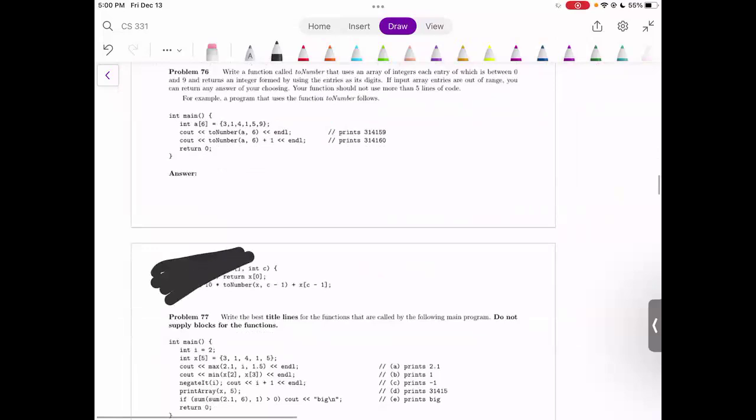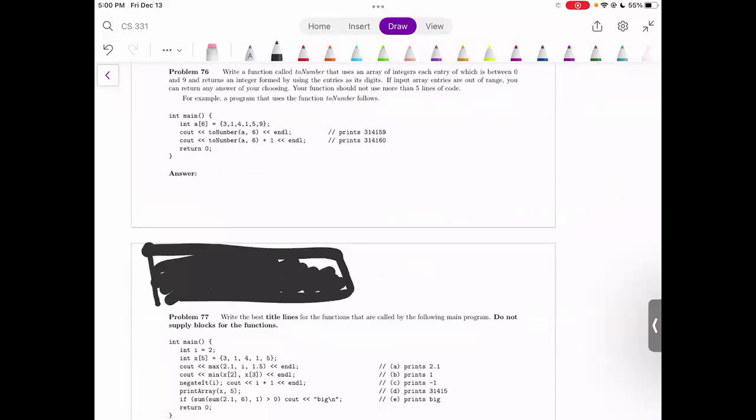toNumber. So we have this specific function. It's called toNumber. It uses an array of integers, each entry of which is between 0 and 9. So we can't have 2-digit ones. And returns an integer formed by using the entries as its digits. Okay.